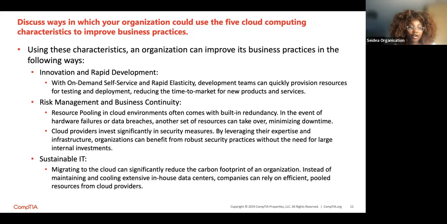And then also sustainable IT, right? Migrating to the cloud can significantly reduce the carbon footprint of an organization if you want to think about the environmental aspect of cloud. Instead of maintaining extensive in-house data centers and cooling, companies can now rely on efficient and pooled resources from cloud providers.